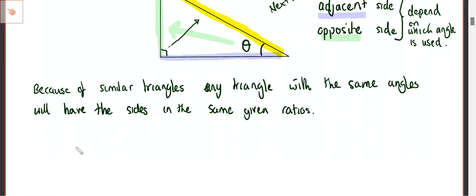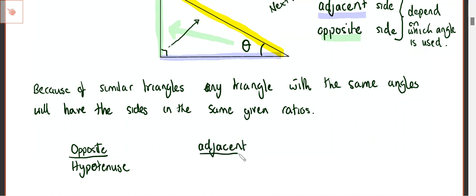You might remember those as the opposite divided by the hypotenuse. That is one of those ratios. The adjacent divided by the hypotenuse is another one.